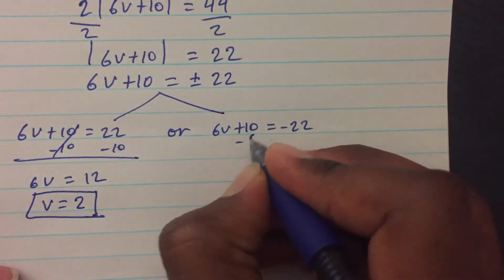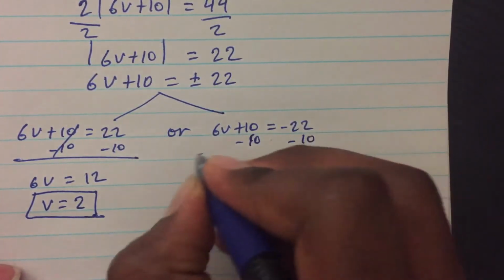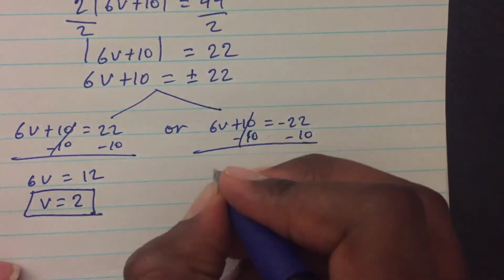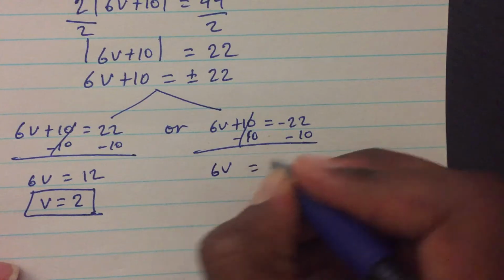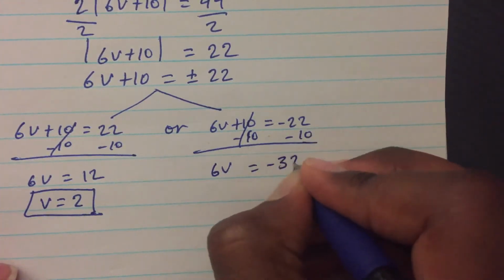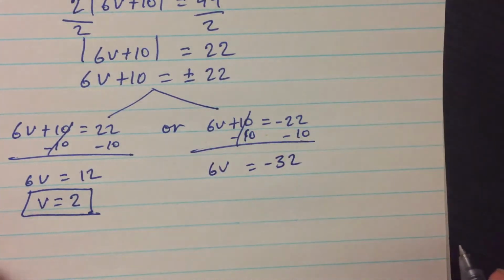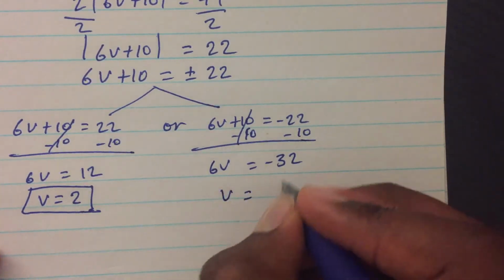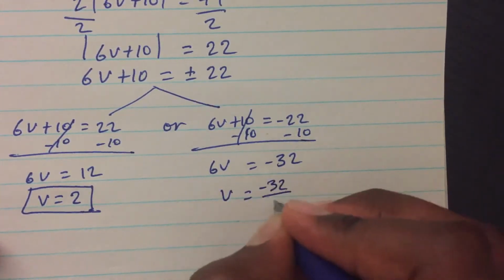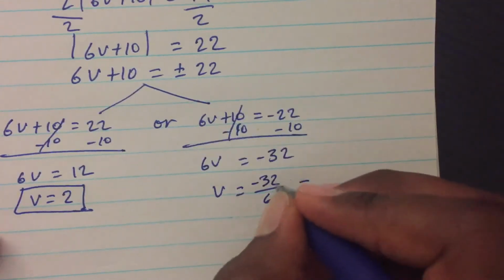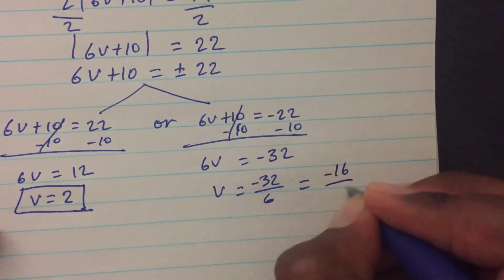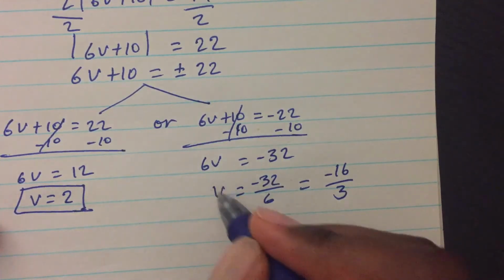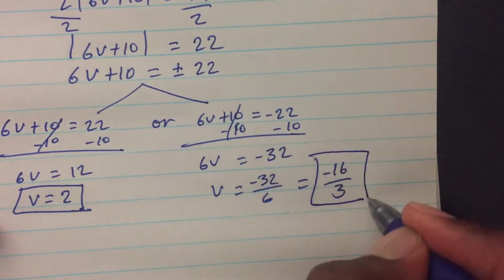So we subtract 10 first, and negative 22 plus negative 10 is 6v equals negative 32, which we can divide by 6 on both sides. You get negative 32 over 6, which can be simplified into negative 16/3 if you divide top and bottom by 2. So here's the second answer.